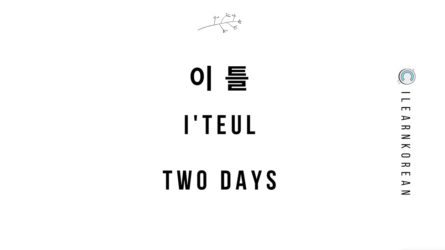However, in 이틀, it just uses 이. So my perception is that this might come from 일, 이. 이 is the Sino numbering system for number 2. So maybe this is not using the native numbering system, but instead using the Sino numbering system for the word for 이틀, which is 2 days.